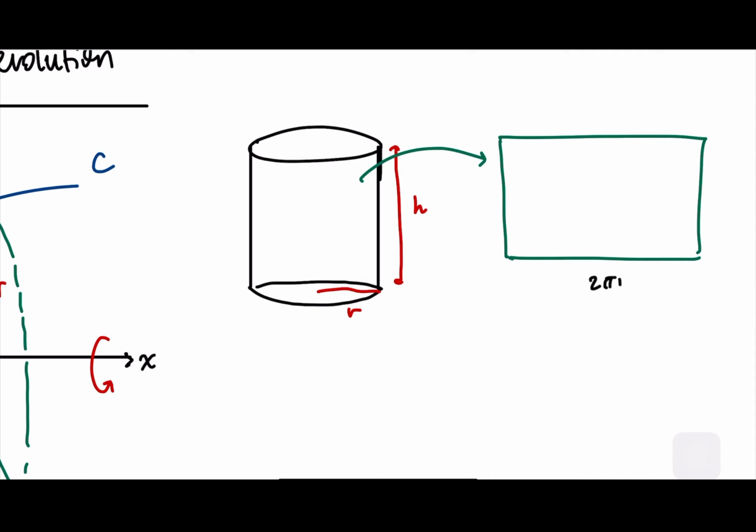This length will be 2 pi r, the circumference, and this will be the H, and we call the lateral surface area 2 pi r H, right?